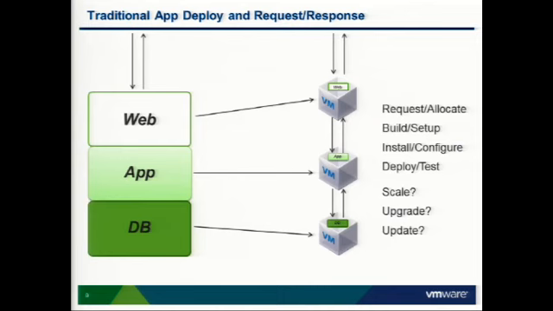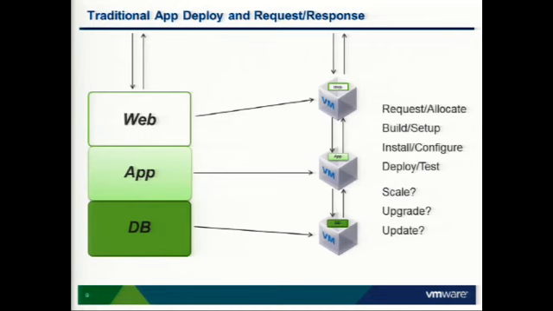Maybe you would bundle your app and the web tier together, maybe you would separate them. These components would communicate with each other, and you would have three VMs that you manage that encapsulate what that application is.